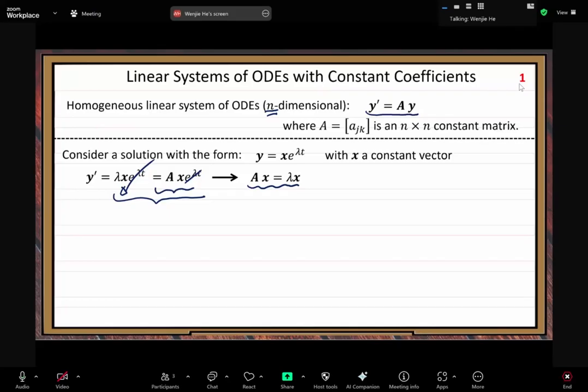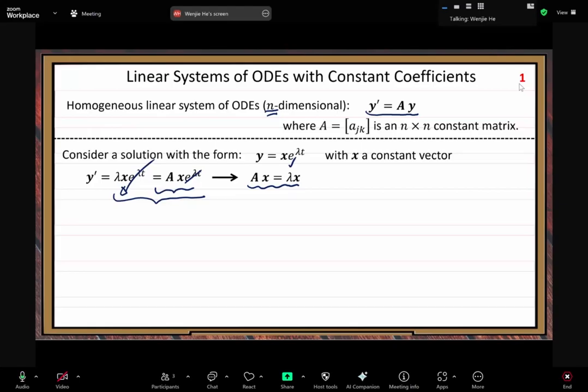Ax equals lambda x. This is the equation we use to find the eigenvector. If we have the eigenvalue, how do we find the eigenvector? This is the equation.